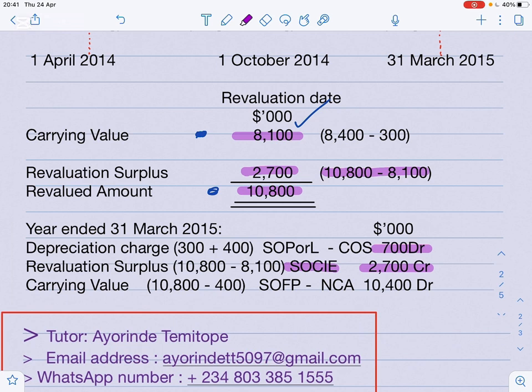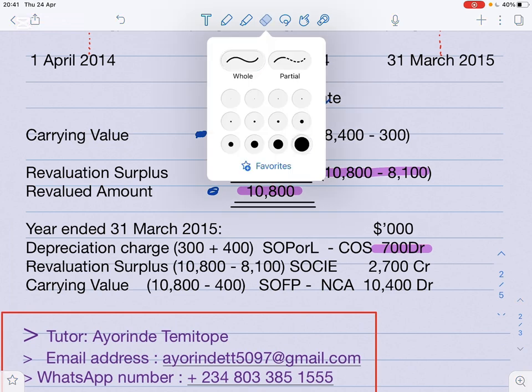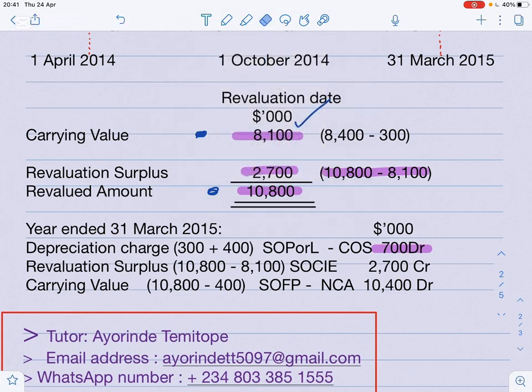to statement of financial position under equity, and in case you are asked to prepare statements of profit or loss and other comprehensive income, this same 2.7 will appear as one of the items of OCI, other comprehensive income.